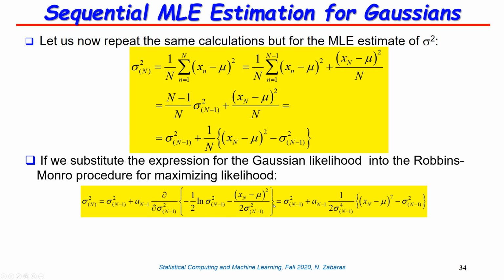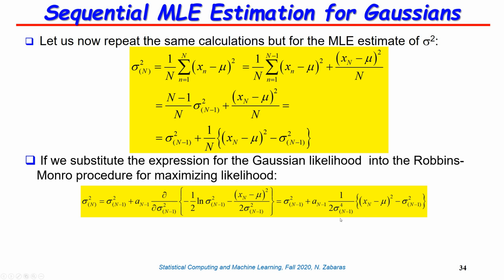In Robbins-Monro there is a negative and minus the negative log likelihood. The two negatives will cancel, and then this is your log likelihood, and this is the gradient with respect to sigma square.